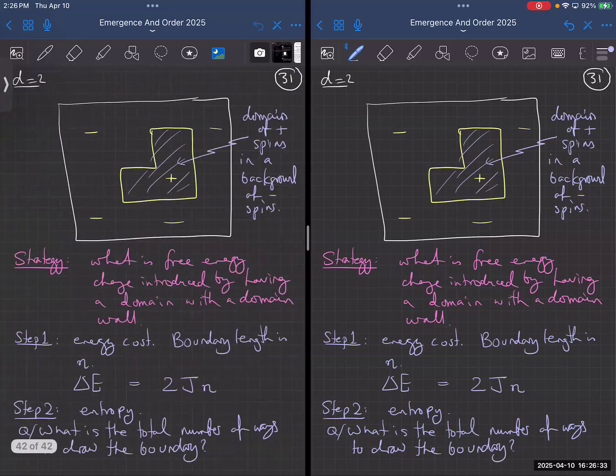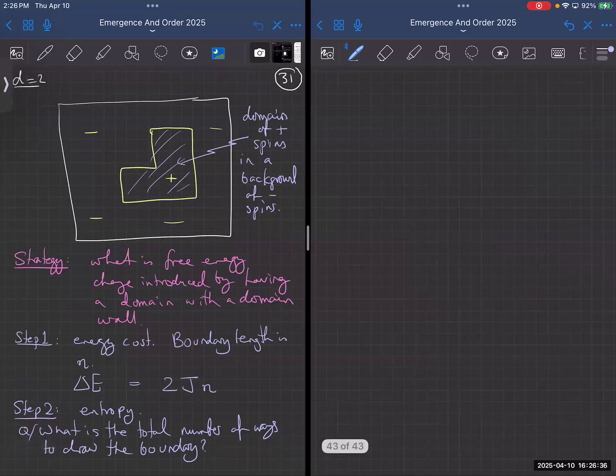That actually doesn't turn out to be such an easy question to answer. So I'm only going to show you a kind of bound for this, an estimation of it. So what we're going to do is estimate this. And the estimate is going to go as follows.